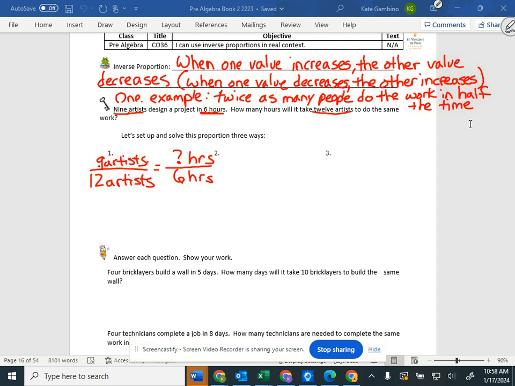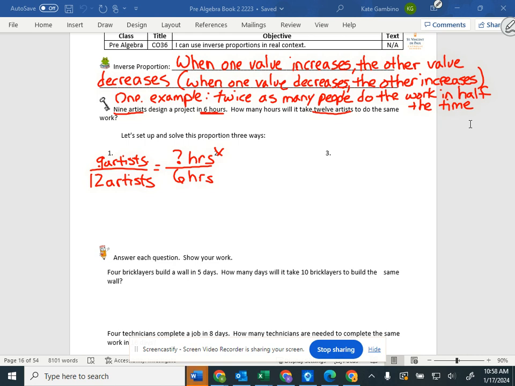So remember when I said this is different than what we've been working on. So I've got Gabe saying, but wait, that's not how you set it up. That's because it's different. So inverse proportions will be set up differently. We are not going to do a second way. We're just doing the first way and the third way.